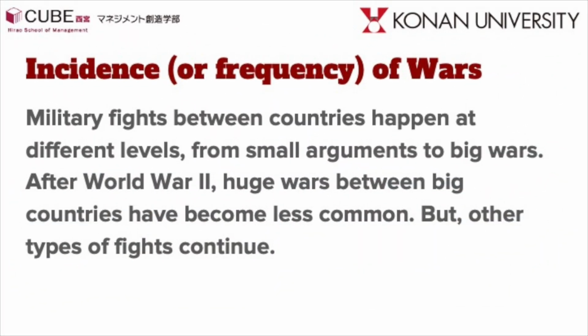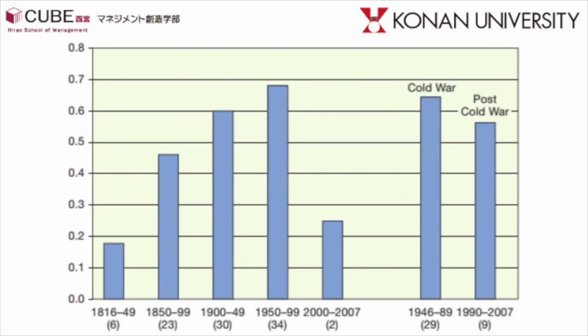Next, we're going to talk about the incidence or frequency of war. So in this chart, for each designated time period, the bar represents the average annual number of interstate wars launched during the period.